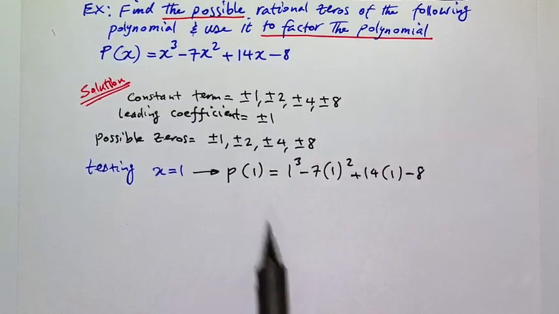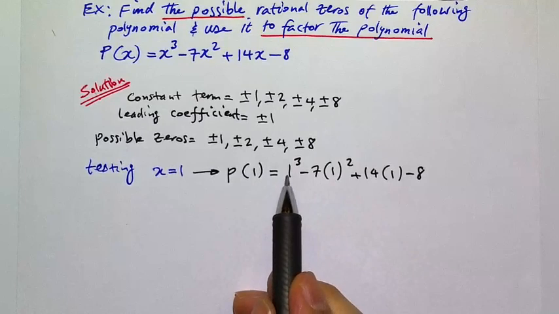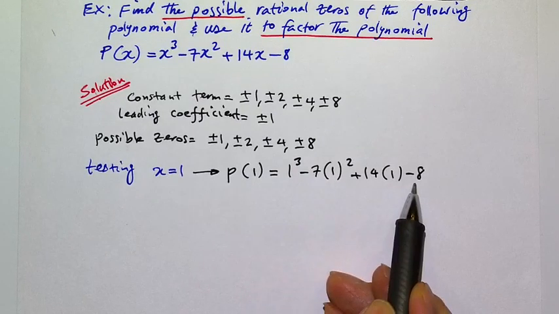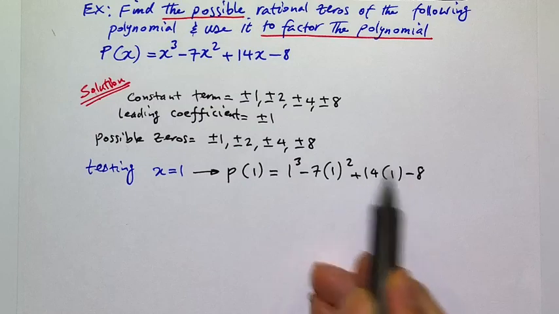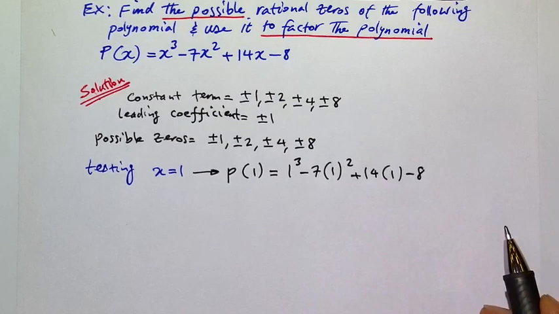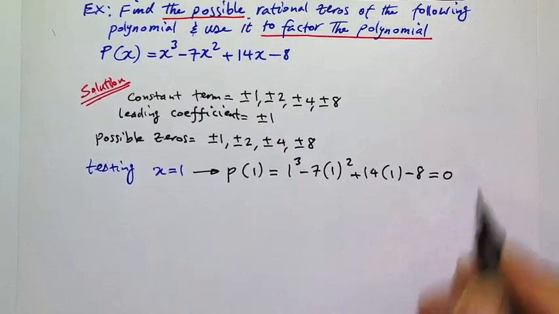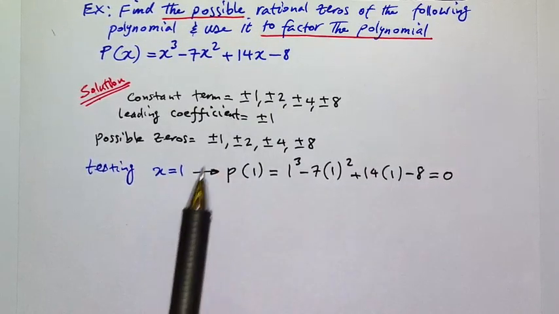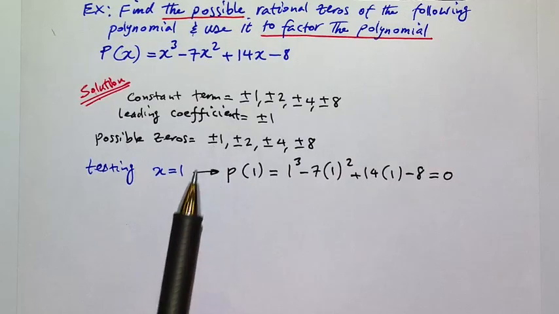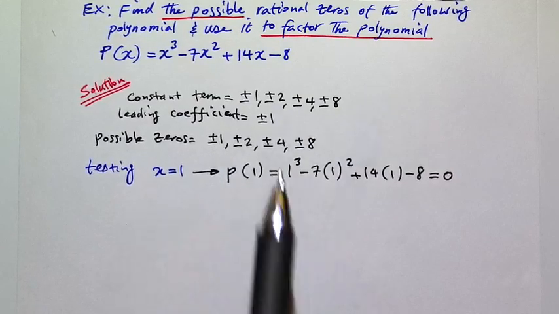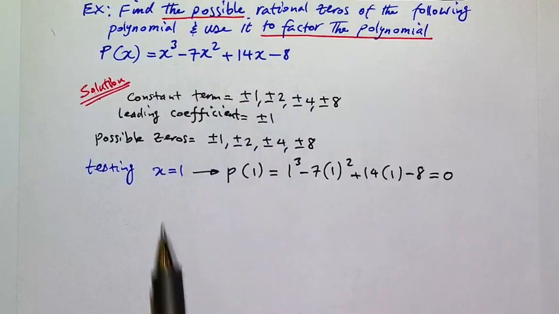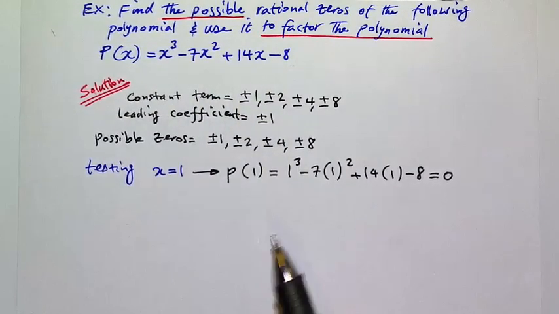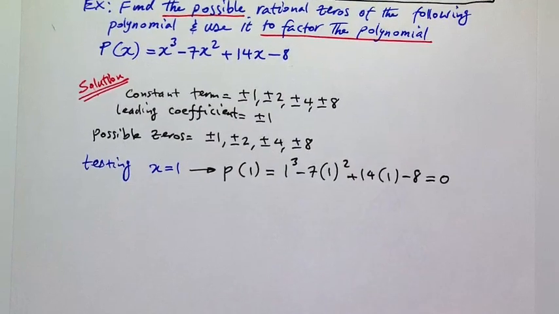Okay, so that's 1, that's minus 7, so we get minus 6 here, minus 6 and minus 8, that's minus 14, plus positive 14, we get 0, right? So this leads to 0. So we did find, just by testing the first digit, a complete factor of this polynomial. So x minus 1 is a factor of that polynomial. So let me write that down.